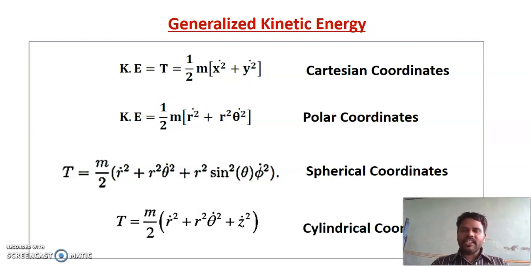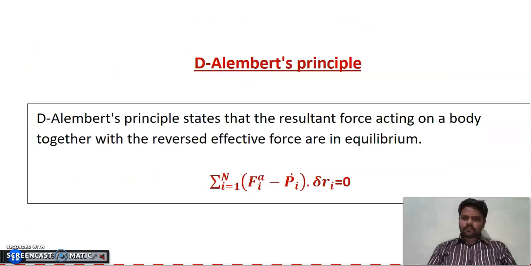Expressing this kinetic energy in different coordinate systems, we obtain half m (x dot square plus y dot square) in Cartesian coordinates, half m (r dot square plus r square theta dot square) in polar coordinates, half m (r dot square plus r square theta dot square plus r square sine square theta phi dot square) in spherical coordinates, and half m (r dot square plus r square theta dot square plus z dot square) in cylindrical coordinates.